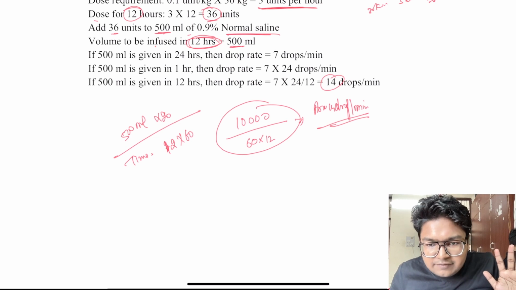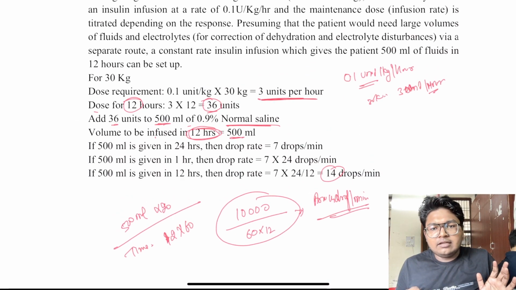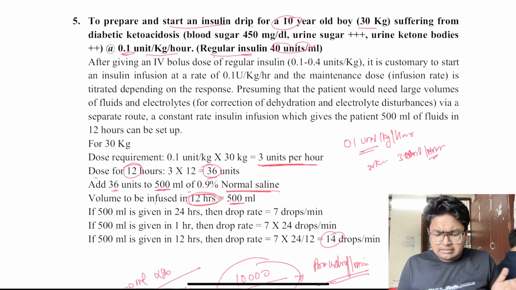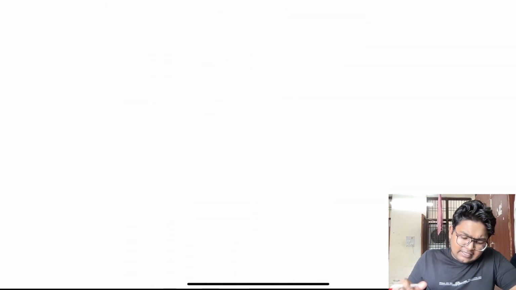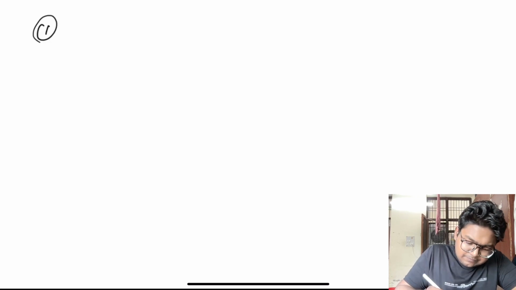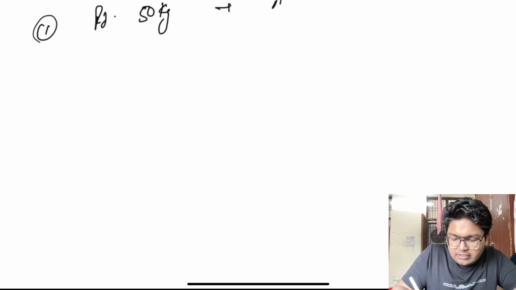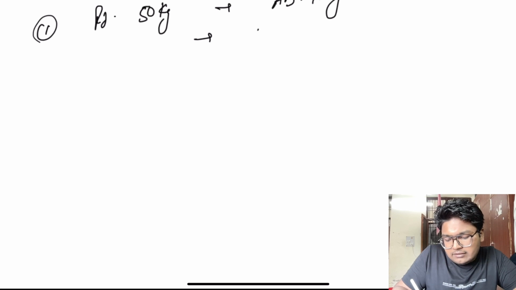These are the 5 numericals we discussed, and we discussed all the formulas, etc. And some questions are like this. First, patient 50 kg, adult dose is 100 mg, and TDS.